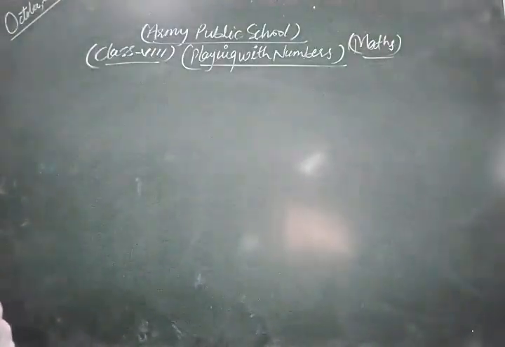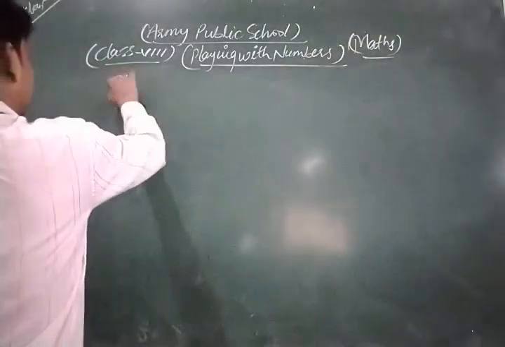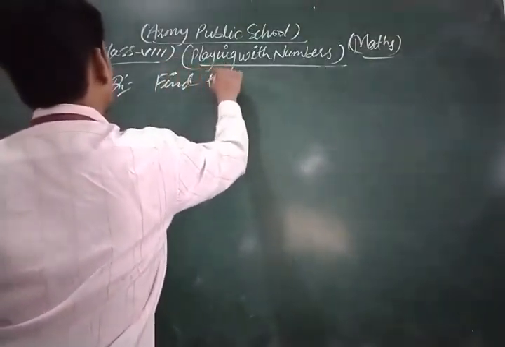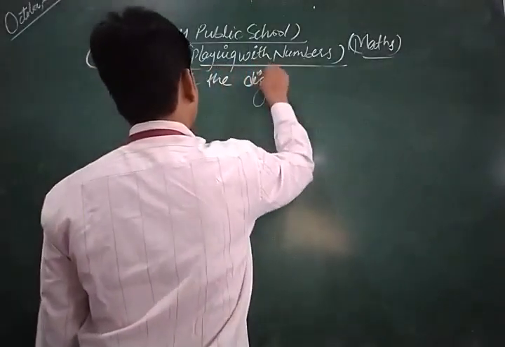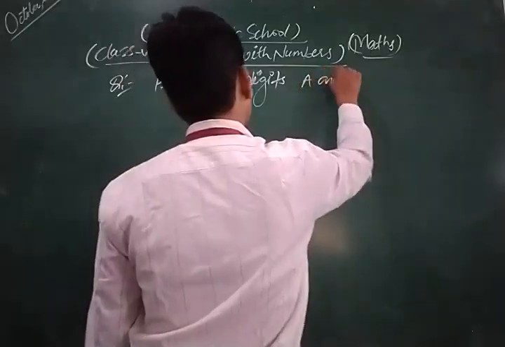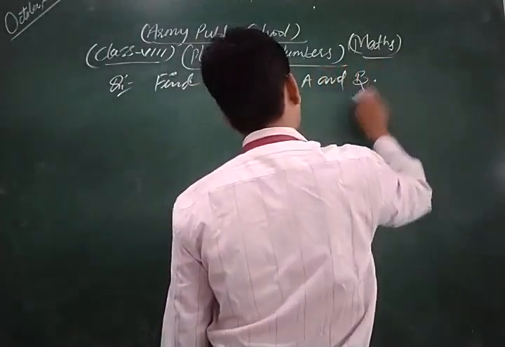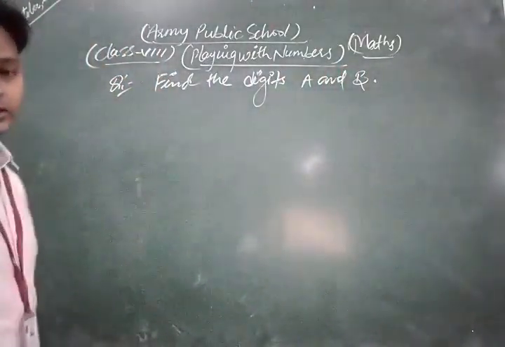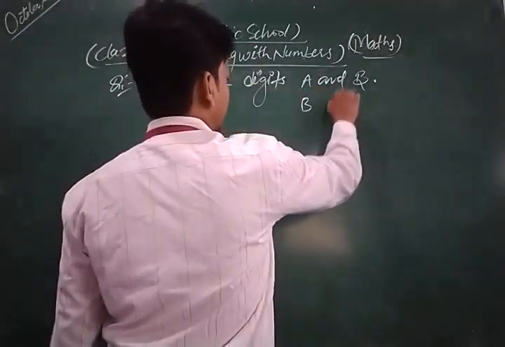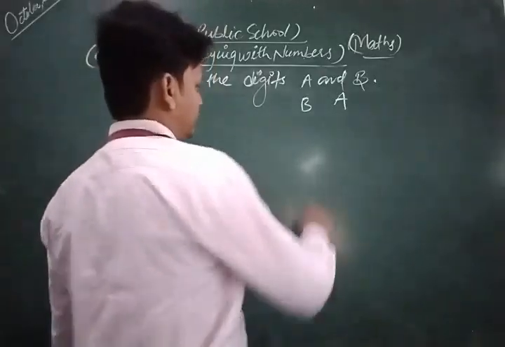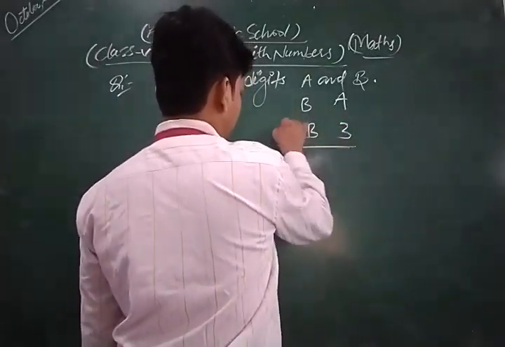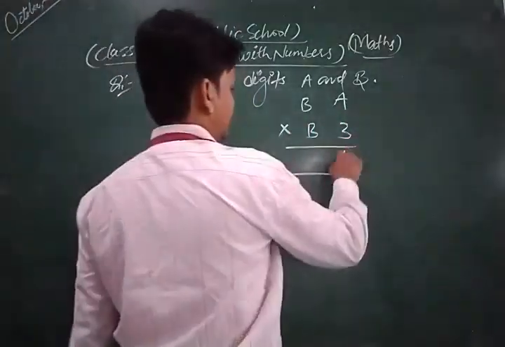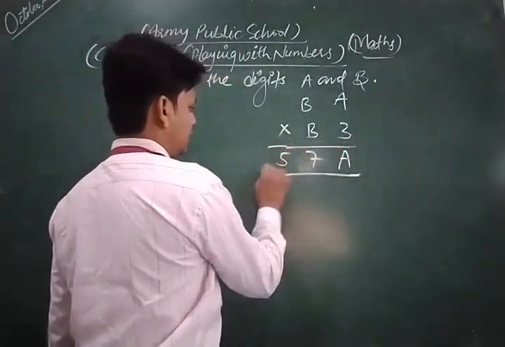Now look, find the digits A and B. Your question is: find the digits A and B. Now your expression is B A, multiplied by 3 gives A75.